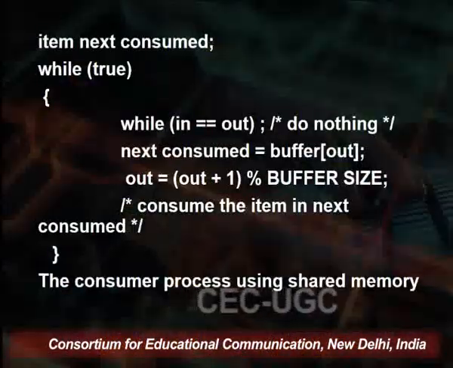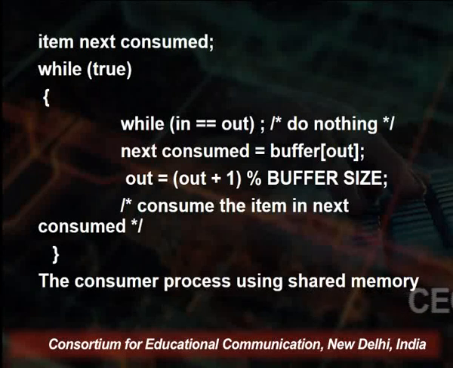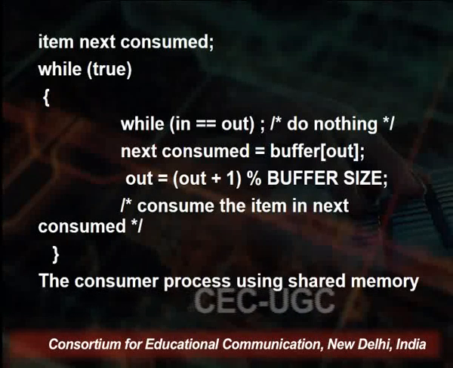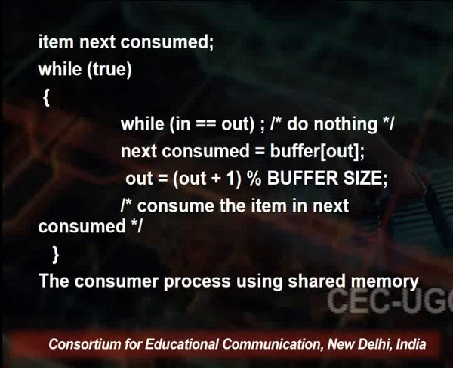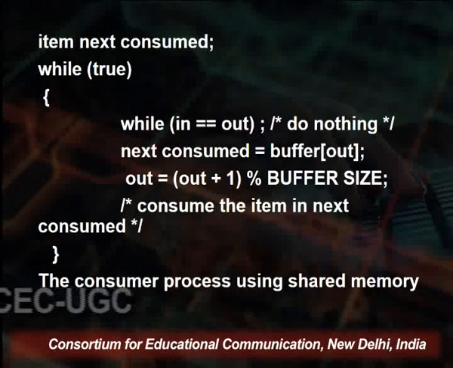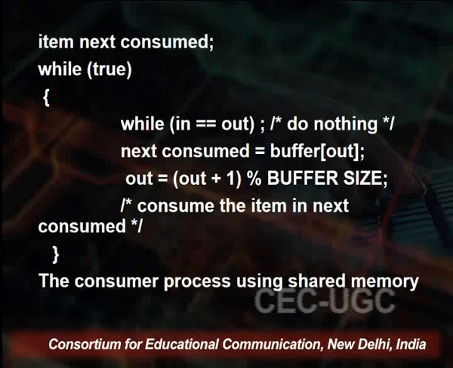As soon as it has something to consume, it takes that data item from the buffer, puts it into the variable next consumed, and increments the value of the out pointer as should be done for a circular array.